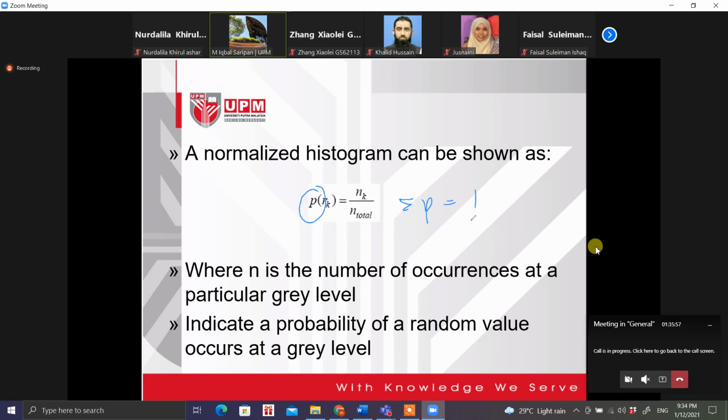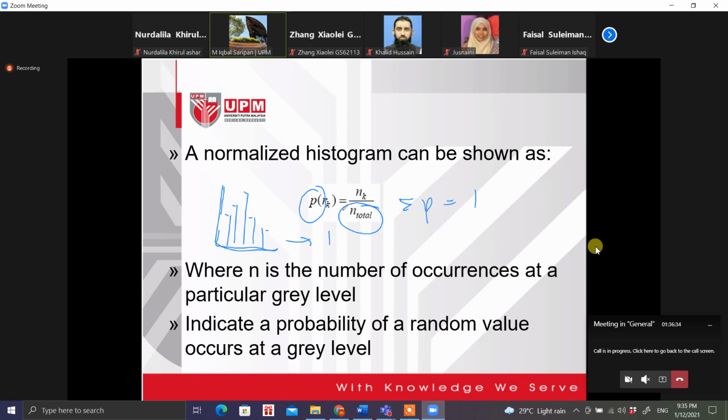So in other words, if you add all of them, it will become 1. To change the representation of the histogram from frequency or counts to probability, you need to divide by the total number of pixels.